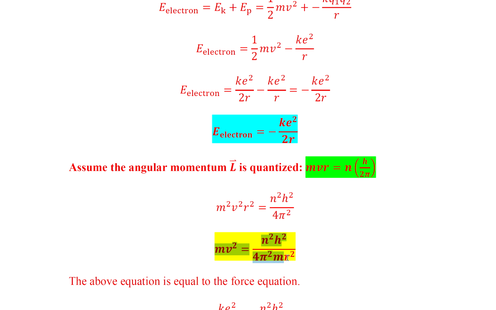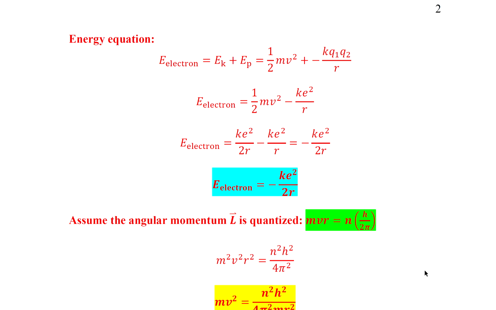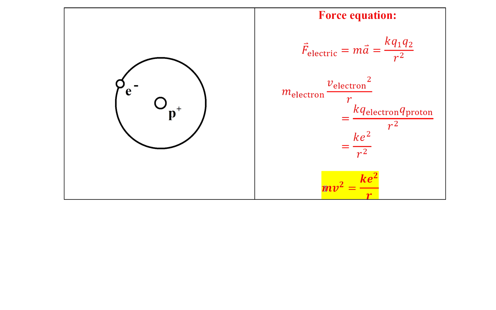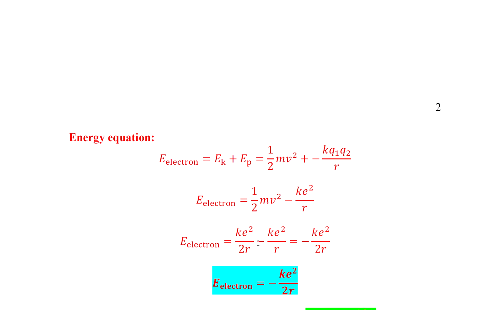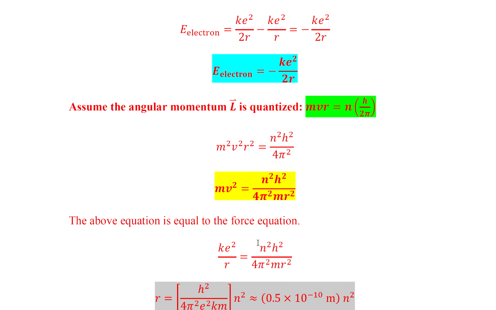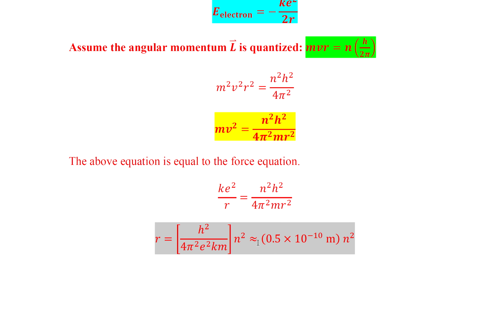We get this. So in yellow here, I have an mv squared. And then up here in yellow, I have an mv squared. So what do you think we should do? We're going to set both of them equal to each other, the two yellow equations. So this above equation in yellow is equal to the force equation in yellow.